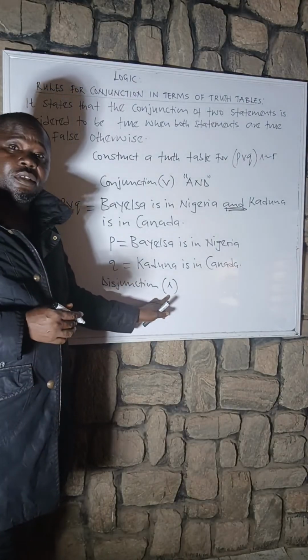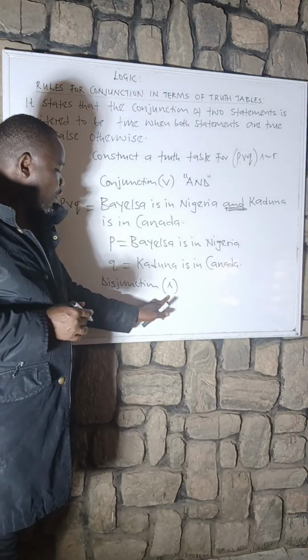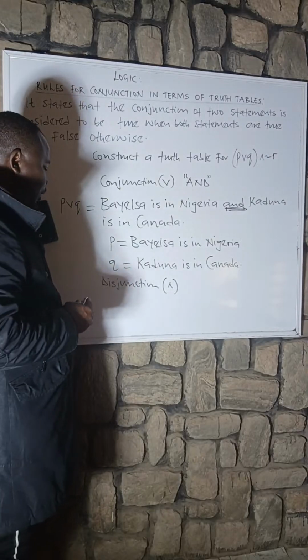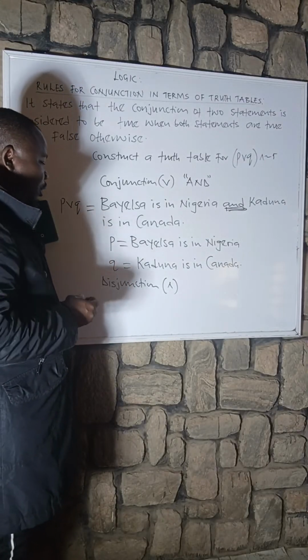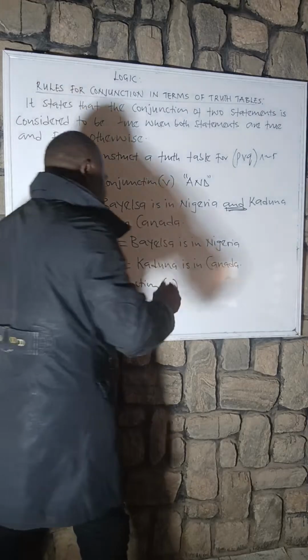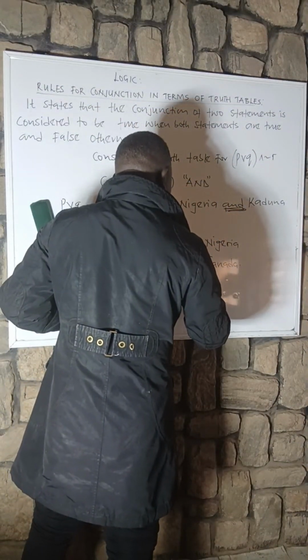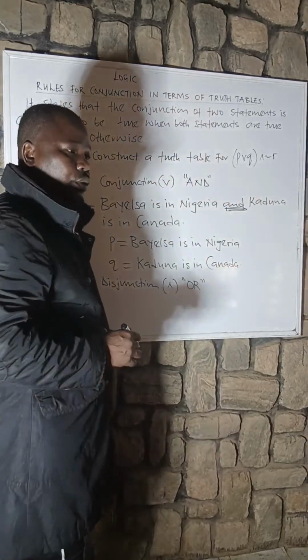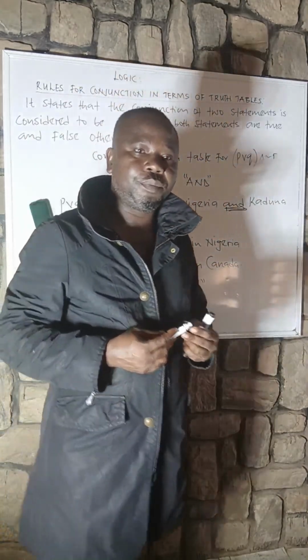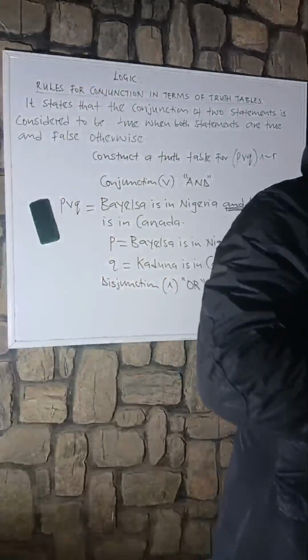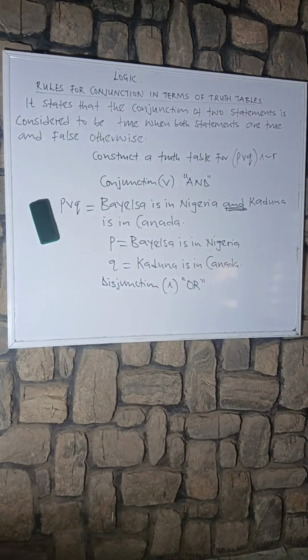Take note. Denoted this way. So can you see now? Yeah. So the disjunction means or. Look at the board very well.